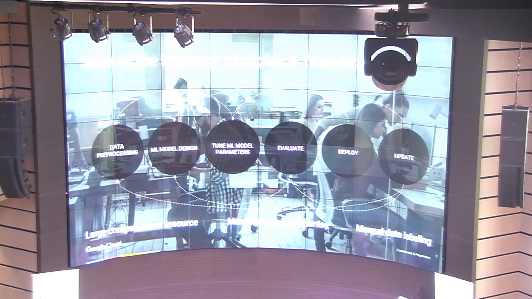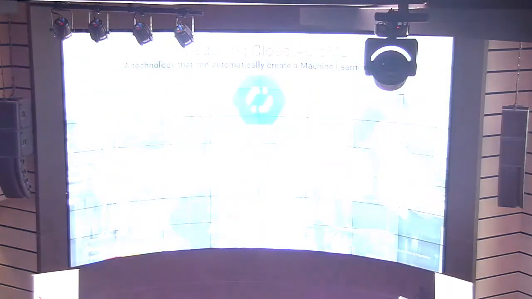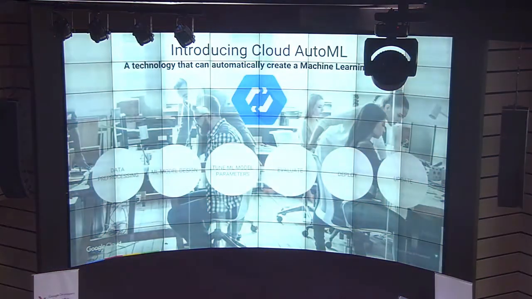These tasks require you to know some machine learning knowledge to be able to debug it, and some technical skill to build up this data pipeline. So that's why Cloud AutoML comes into the picture. It can automate all of these things for you.